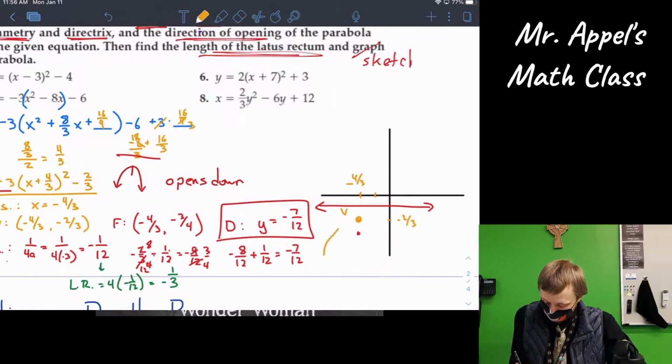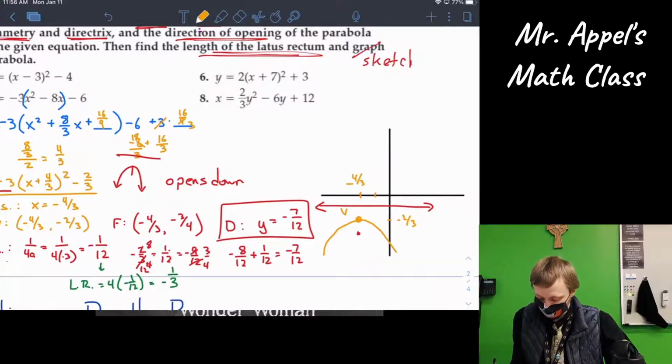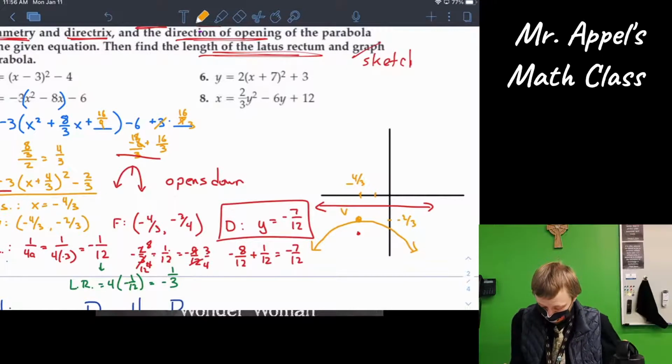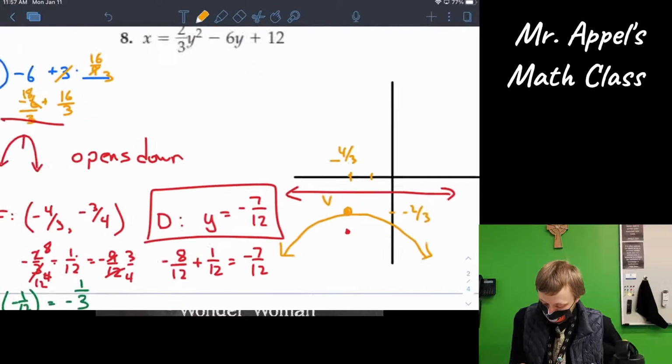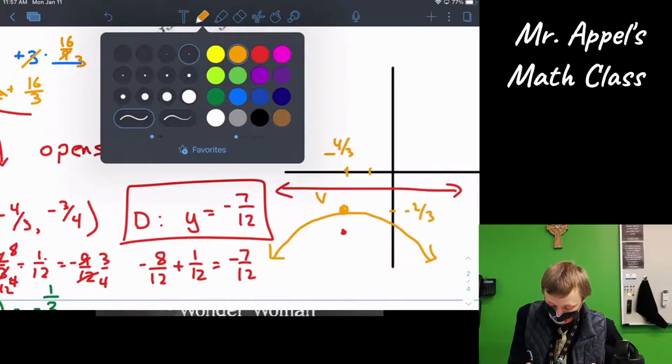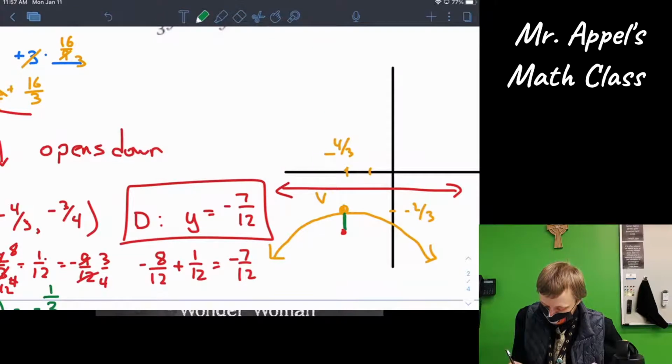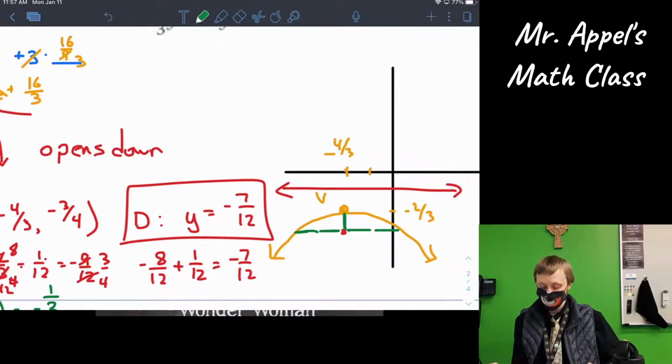And the vertex itself passes something like that. Probably made it a little too steep. It's a little bit wider than that. You can tell because the latus rectum should be 4 times this distance. So we have that distance, 1, 2, 3, 4.